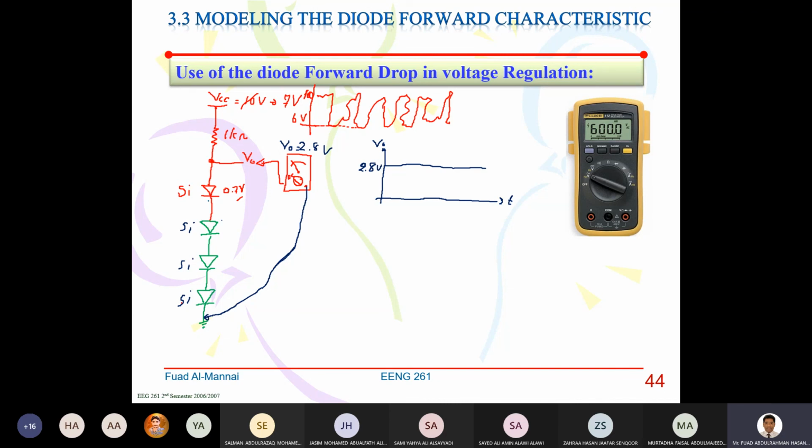You can multiply this, put more and more diodes to get, for example, 5 volt. We call this regulation. This is a crude way of doing it. Later on we're going to replace these diodes by a Zener diode, and that's coming in the future slides.